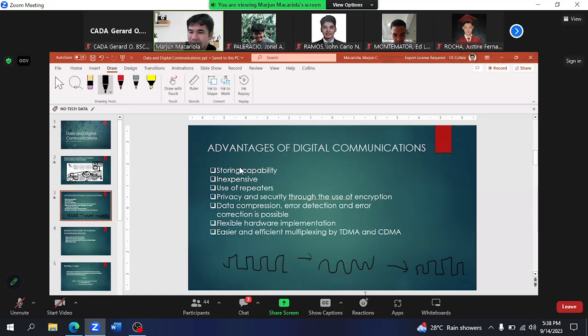Okay? Next, easier and efficient multiplexing by TDMA and CDMA. So we're going to discuss TDMA and CDMA. So that is time division multiple access, then code division multiple access. Easier and efficient multiplexing. So what is multiplexing? Shared.